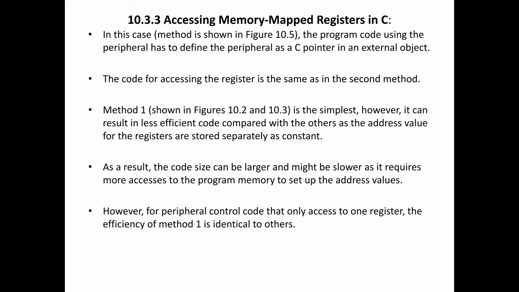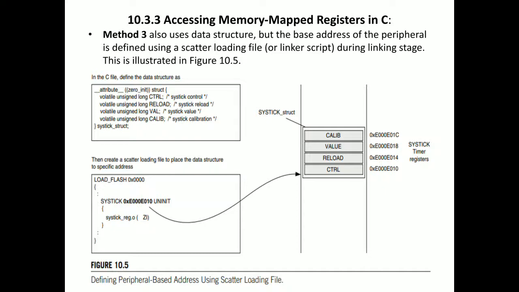In this case, the program code using the peripheral has to define the peripheral as a C pointer in an external object. These 3 methods are used to access the memory maps in the Cortex M3 using the C programming language. You don't need to memorize these lines; you just need to understand the methods.